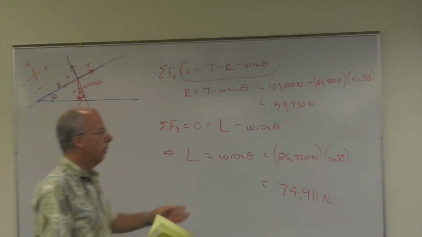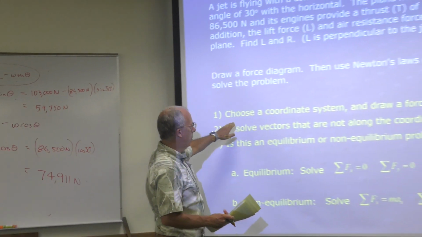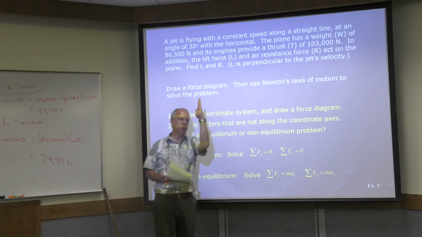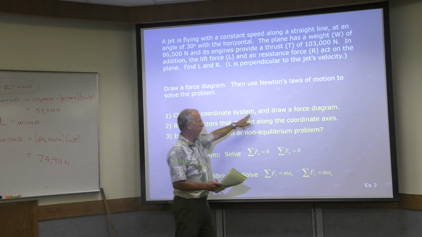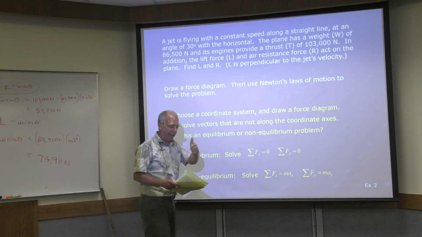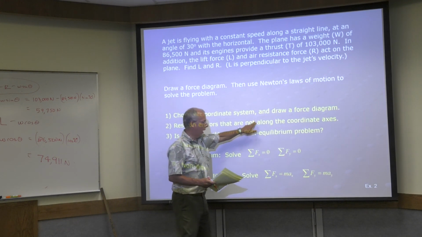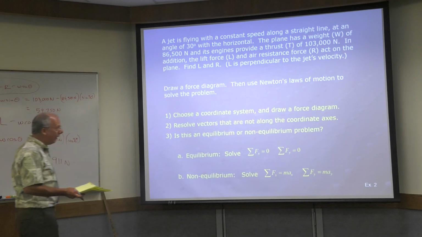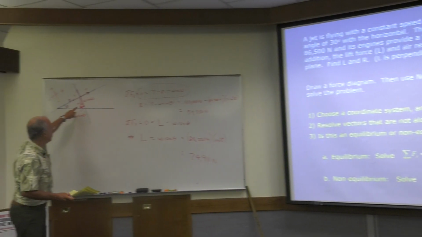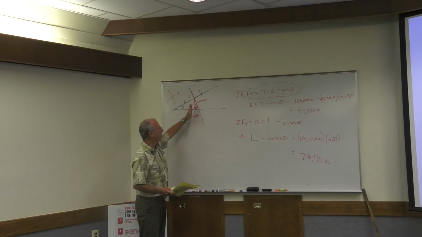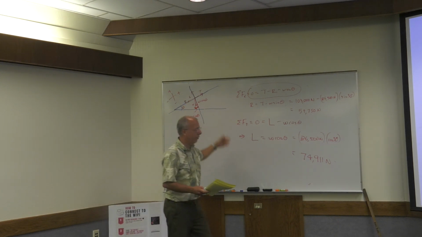Okay. So let's review. Choose a coordinate system, straight up or tilted. Draw the force diagram, which you better know how to do by now. Resolve the vectors that are along the coordinate axis. Typically when you have an incline, you're always going to be resolving the weight vector, because the weight vector is always straight down. So let's just get used to it, right?